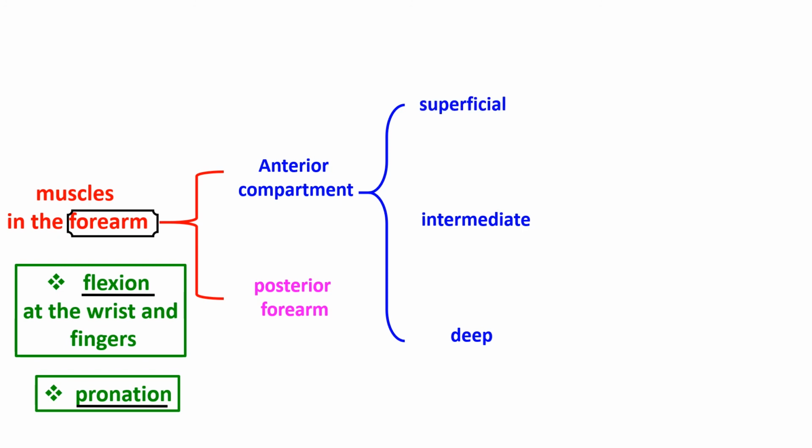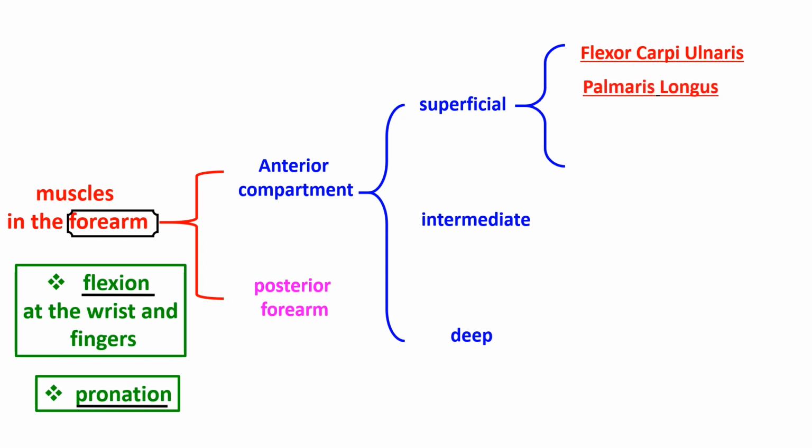Now, the superficial muscles are flexor carpi ulnaris, palmaris longus, flexor carpi radialis, and pronator teres. The rest of the muscles, the intermediate and the deep, will be left for the musculoskeletal system.